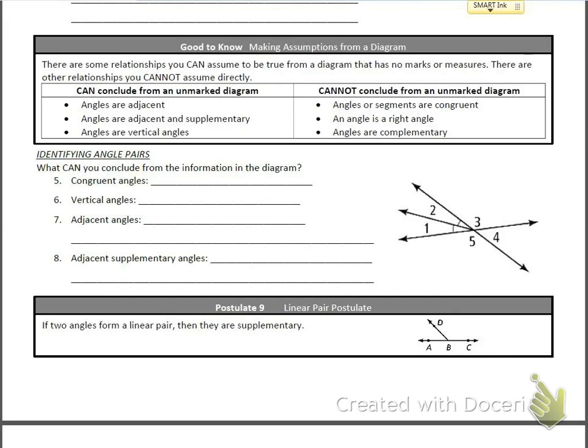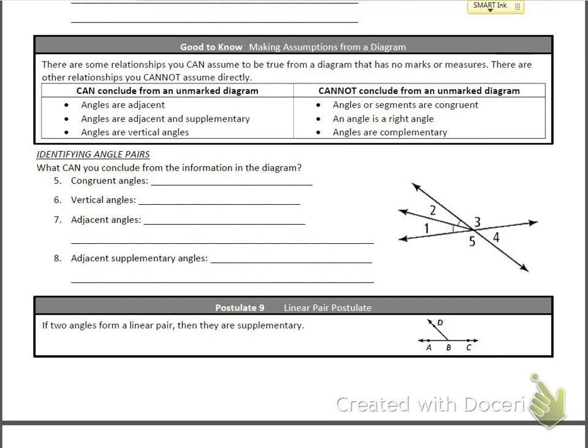I just left it all typed out for you, but I want to go through it really quick. We can assume that angles are adjacent because they would be right next to each other, right? We can also assume angles are adjacent and supplementary because they're right next to each other and they will make a straight line. We can also assume angles are vertical angles.